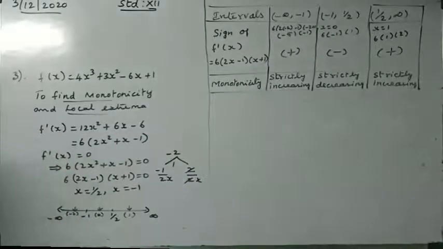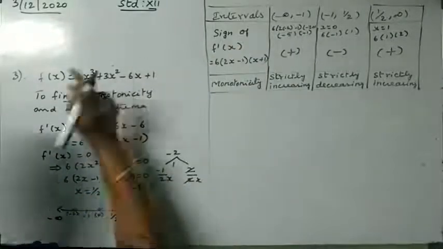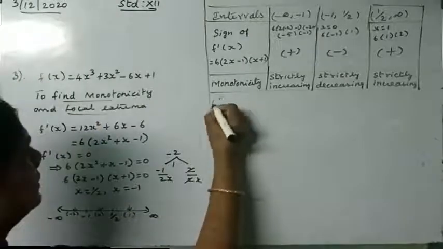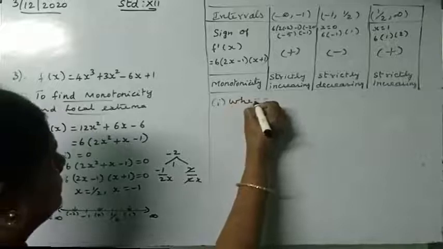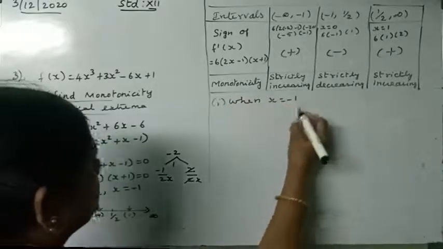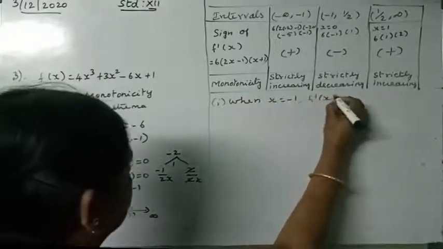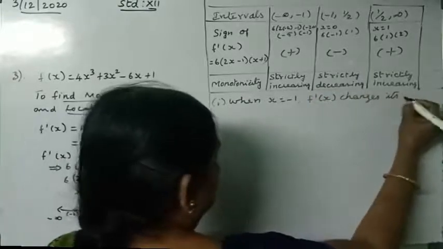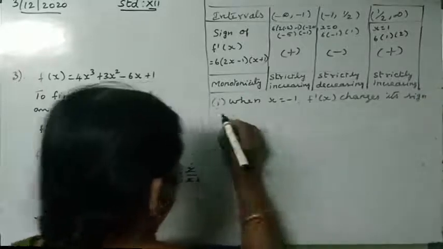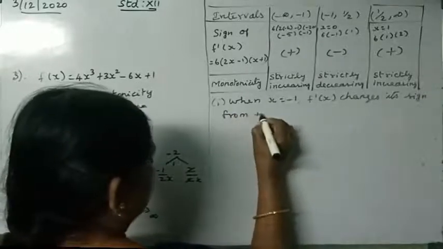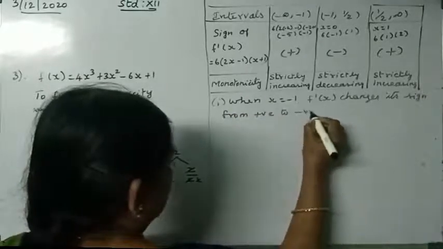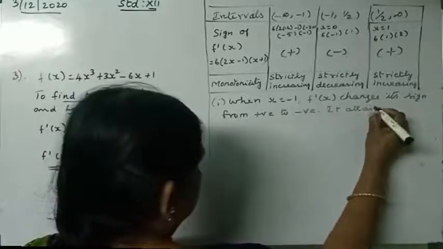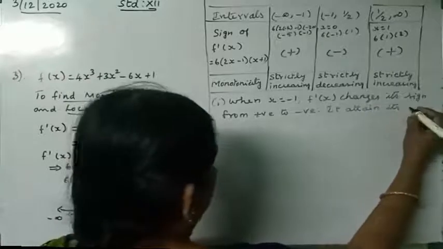To find the maximum value, we substitute minus 1 in f of x. Now let me write one by one. When x is equal to minus 1, f dash of x changes its sign from positive to negative. Therefore, it attains its maximum.